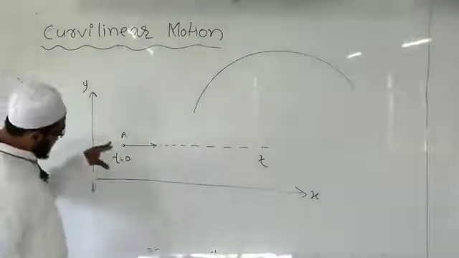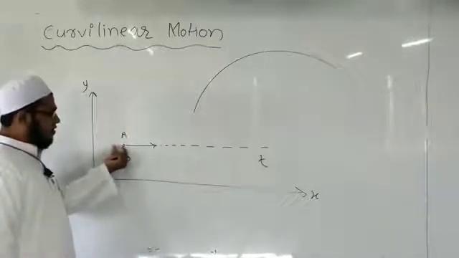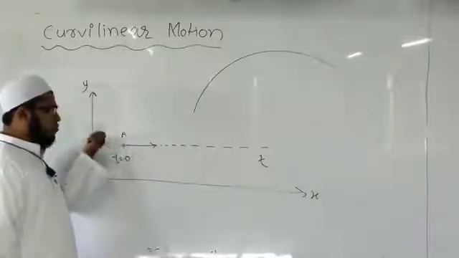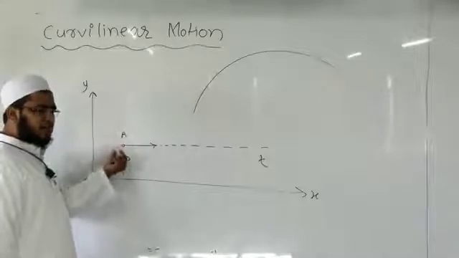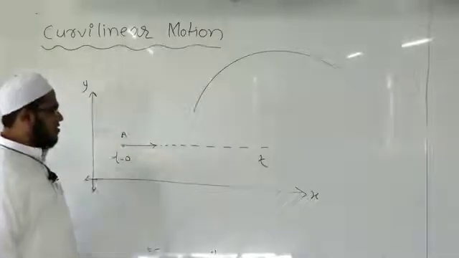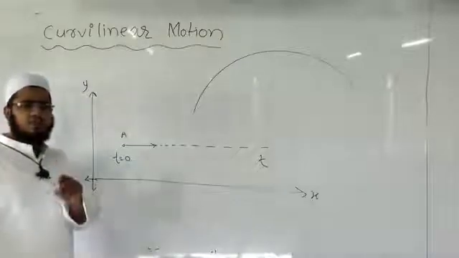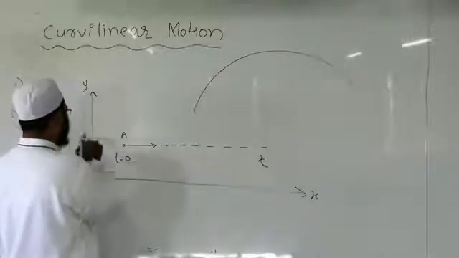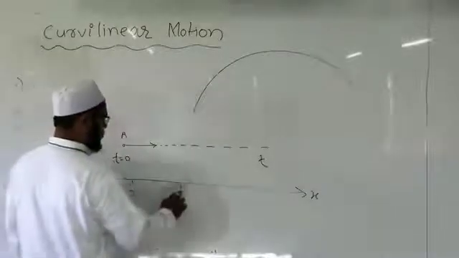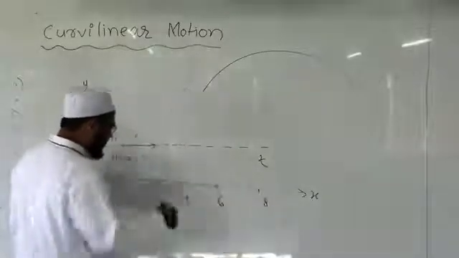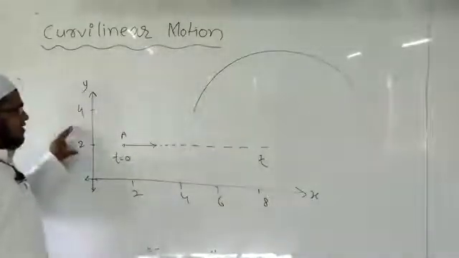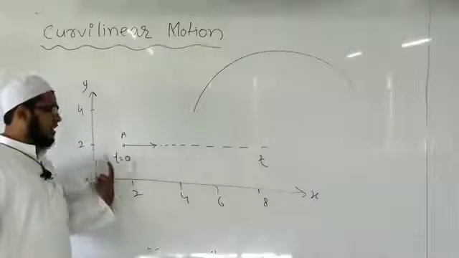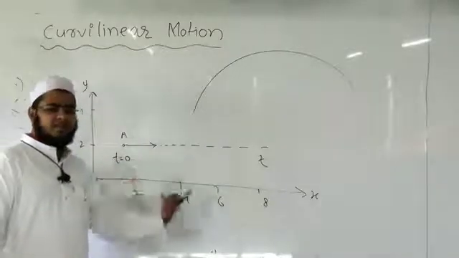So we can see that the particle is moving along its line, moving rightward, and the coordinates at all the points change only for x. If the value of the coordinate is 2, 4, 6, 8, then at each point the y coordinate of the particle's position is constant, and there is change only in x.